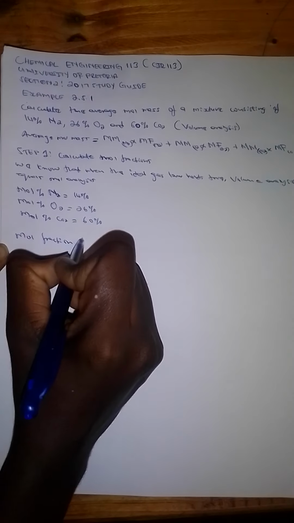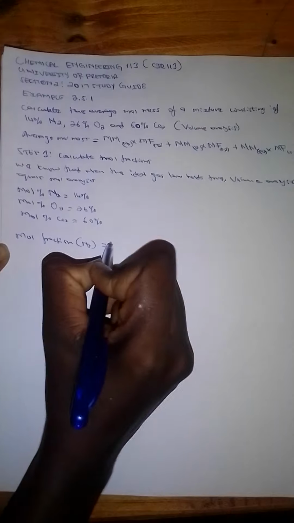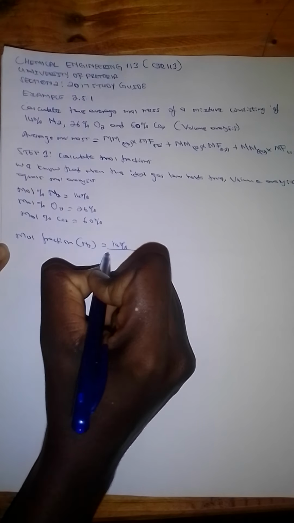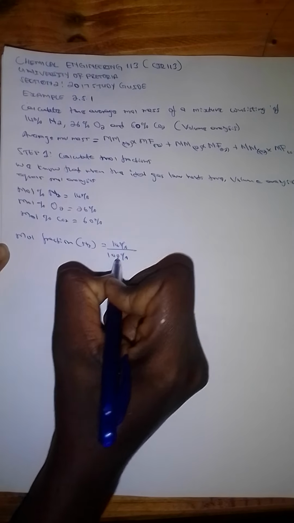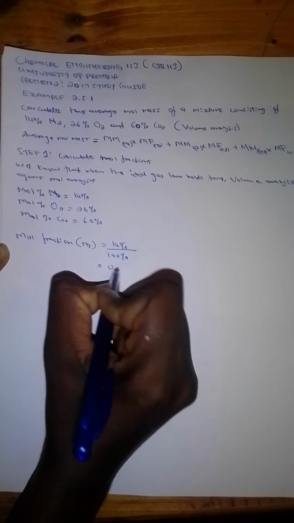Remember that we're calculating the mole fractions. Now that we know the mole percentages, we can calculate the mole fractions of each of these elements or compounds. The mole fraction of N2 equals 14% over 100%, which makes it 0.14.